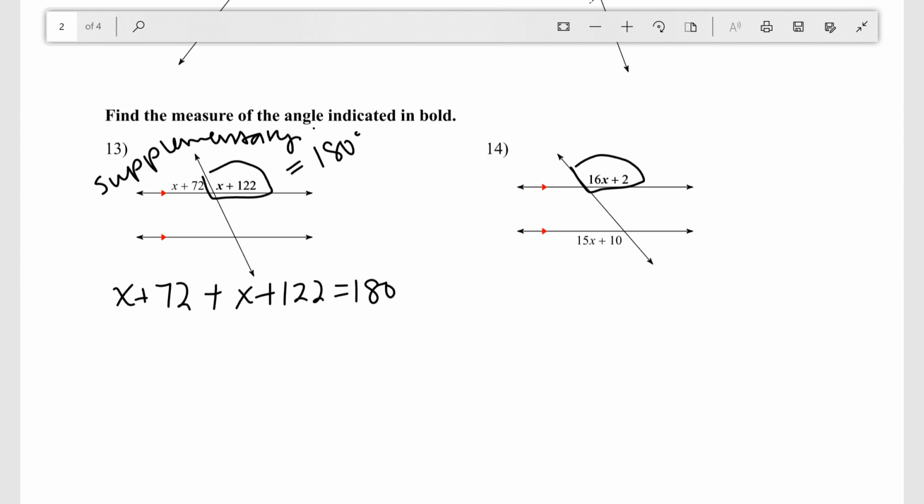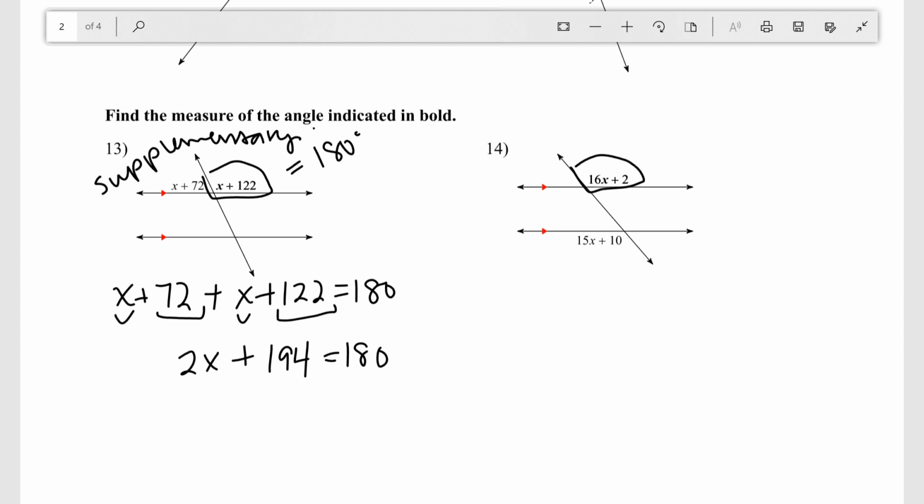Now I need to combine like terms. I have two x's and then I have a 72 and a 122. So that's going to leave me with 2x plus, I believe this is 194, equals 180 degrees.